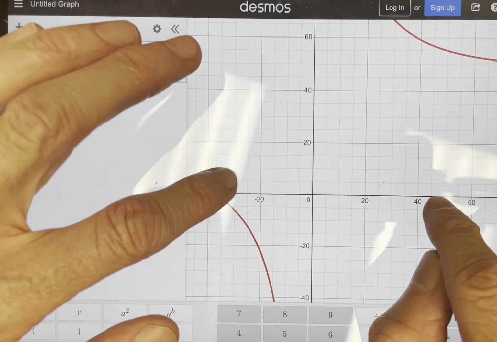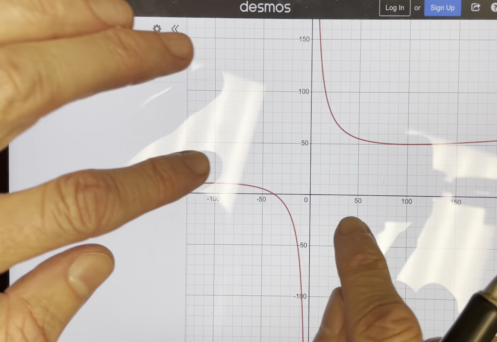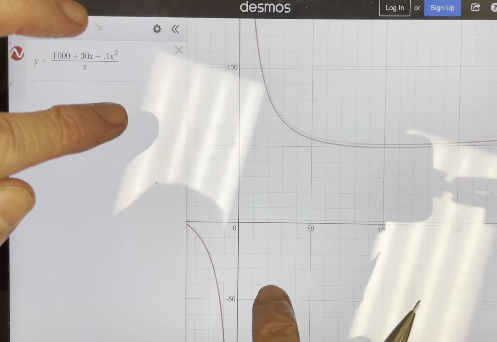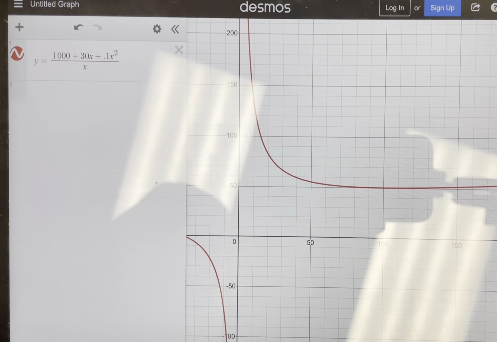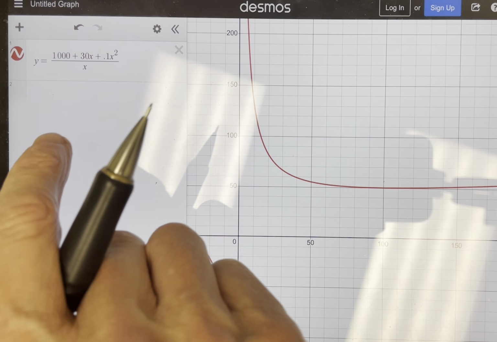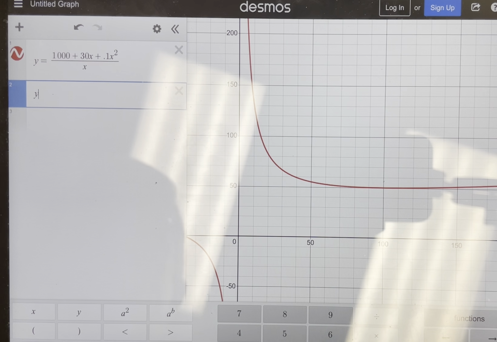And there's the graph of my rational function right there. And we're mostly interested in positive values of x. And we want to know what the second equation is, y equals 100. We want to solve for x.